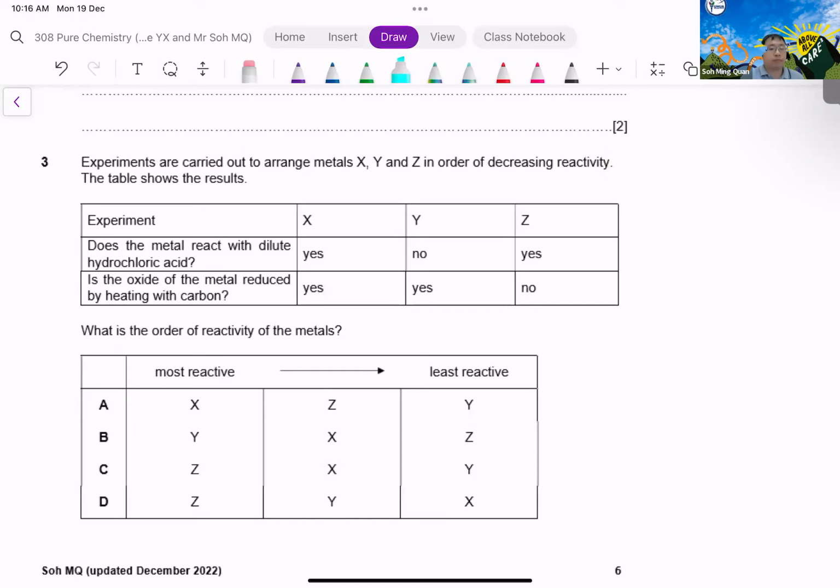Okay, as you read through, I hope you're also highlighting phrases that are important. Okay, so you should always highlight chemical names. So metals X, Y, Z. Please also highlight things like increasing versus decreasing. Okay, always highlight such words.